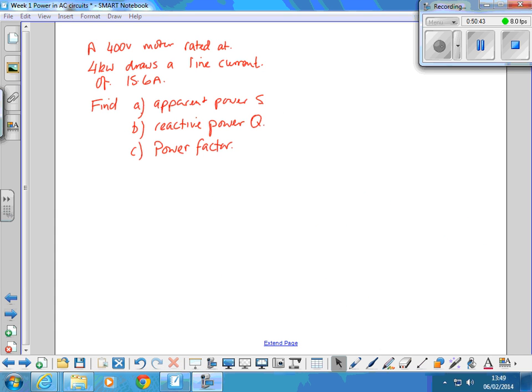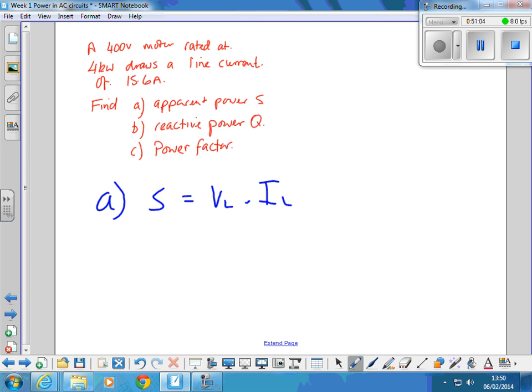Right, gents, so how can we go about doing that? A, how can we go about finding apparent power? Yeah, that's VL, the line voltage which you've been given, times the line current, the current that's drawing, because you're measuring that with an ammeter, for instance.